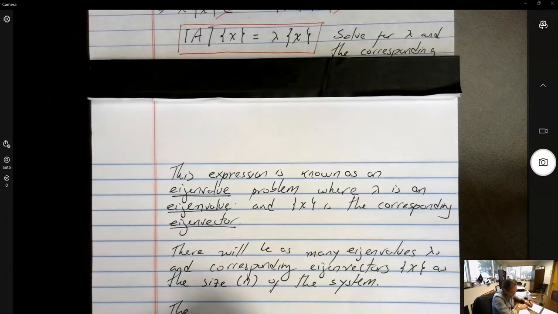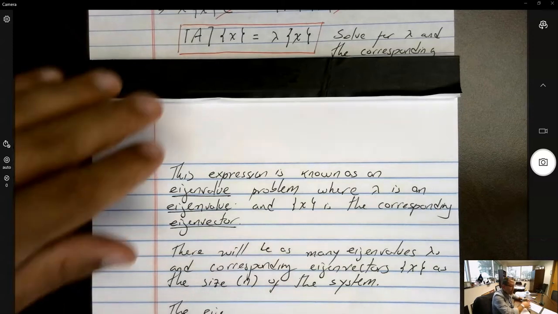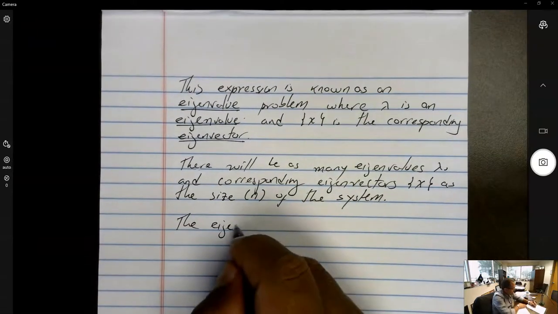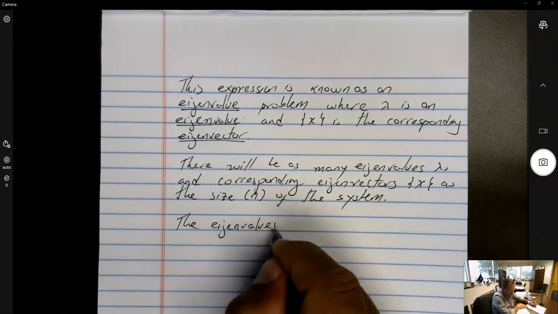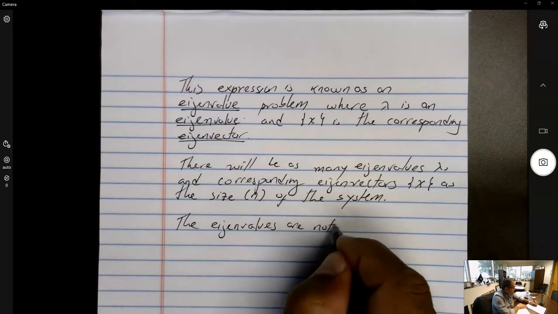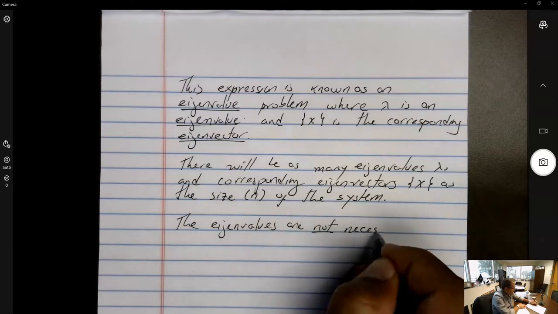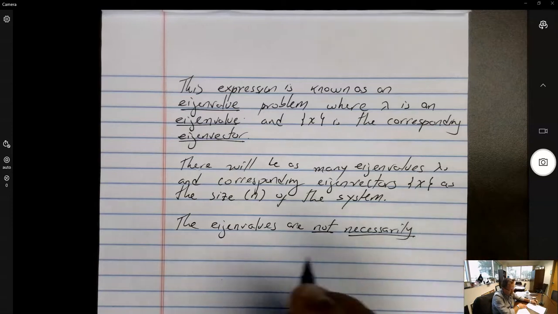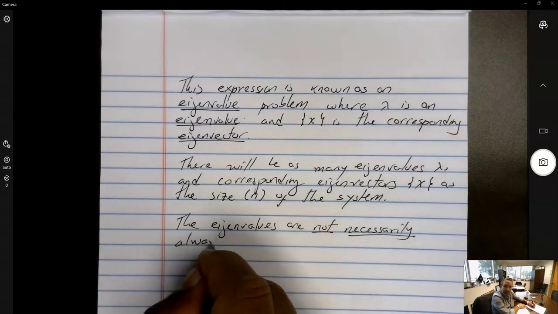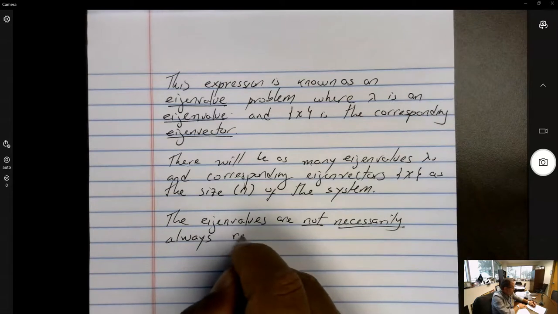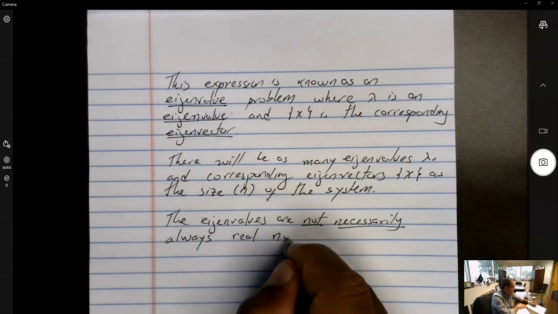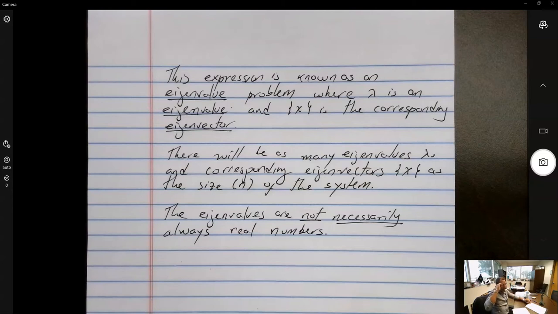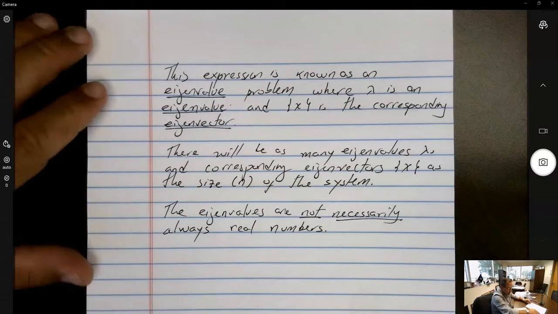By the way, the eigenvalues are not necessarily always real values or real numbers. You may end up with complex eigenvalues, and that has a meaning too.